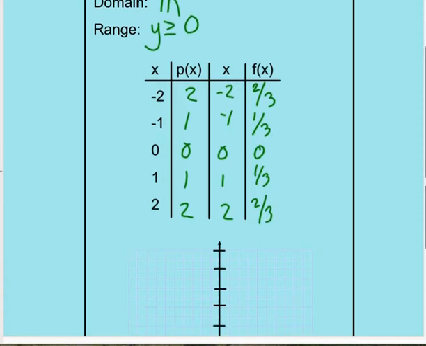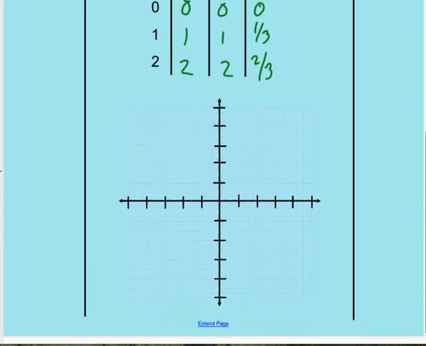And then I'm going to plot those points to get the graph of my absolute value. This time, because I've got those fractions, I'm going to call each of these 1. Starting with my critical point, I'm supposed to go left 1, up 1/3. So that'll be about here. Left 2, up 2/3.